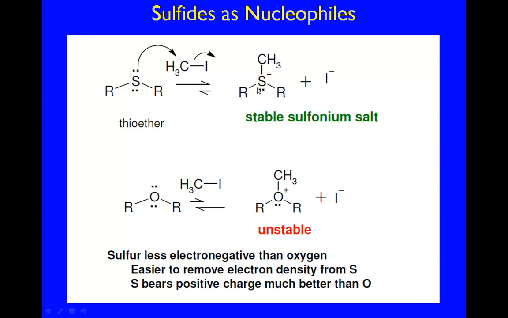So that gives some chemistry to the sulfur compared to the ethers. You will learn the use of these salts in advanced classes. At your level, it's enough to know that sulfides have some chemistry that ethers do not have.